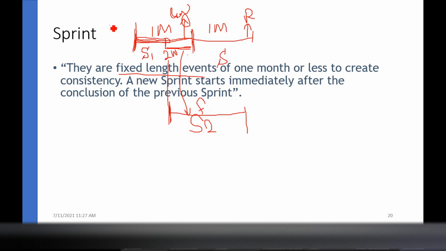Now think it's Jan 1st. From Jan 1st onwards to Jan 30th is the sprint. Here it's the 14th. Now you can inform your customer, sorry, we are starting our sprint on the 14th of Jan, so your product will be delivered on the 14th of February.